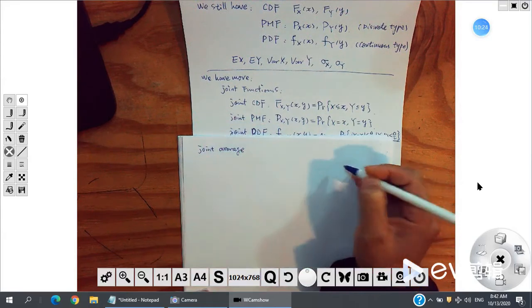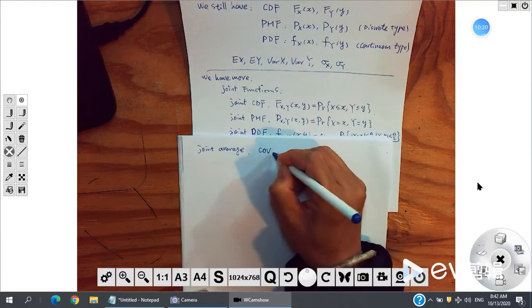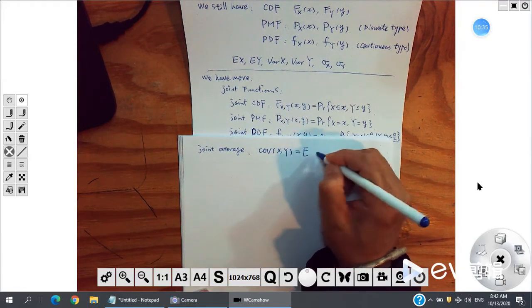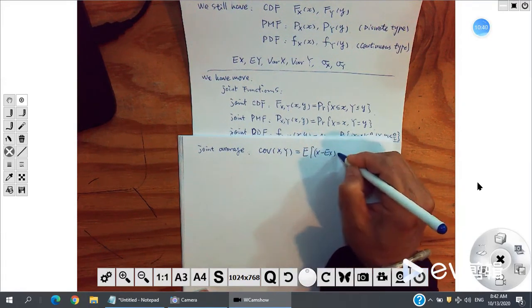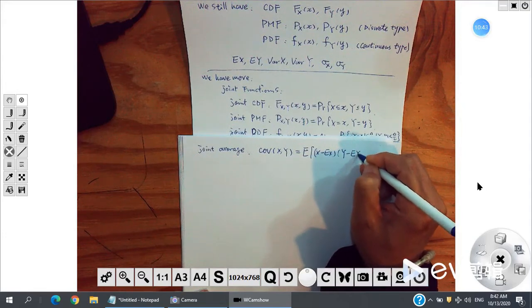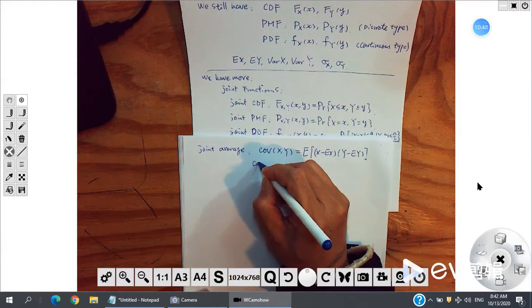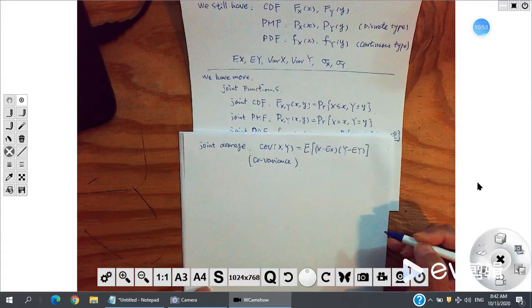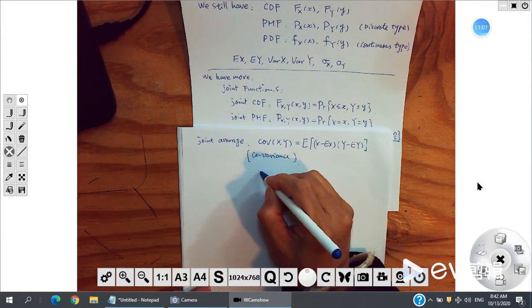Joint average, there will be COV of x and y, which is defined as the expectation value, the mean, of (x minus EX) times (y minus EY). This we call covariance. And another is just R. People sometimes use COR or R, just R. I think we're fine.